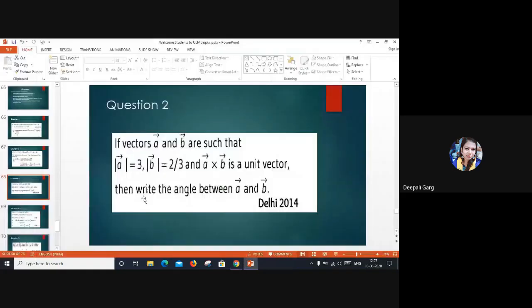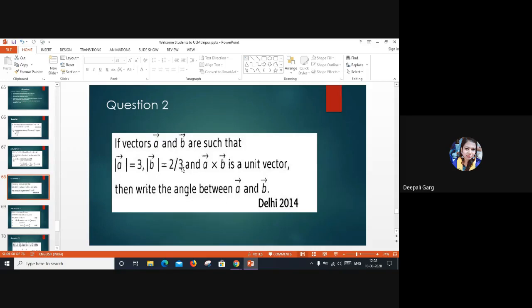Question number 2 is, if vector A and B are such that the magnitude of A vector is 3 and the magnitude of B vector is 2 by 3 and the cross product of A and B is a unit vector, then find the angle between A and B. Now let me give you a hint. If A cross B is a unit vector, which means the magnitude of A cross B, that is AB sine theta, must be 1.